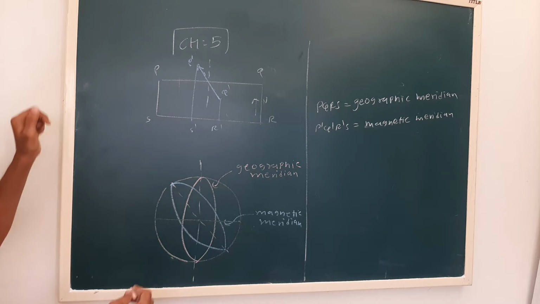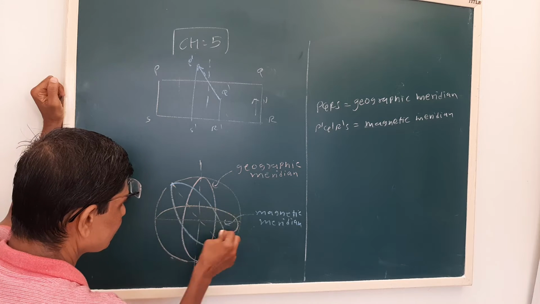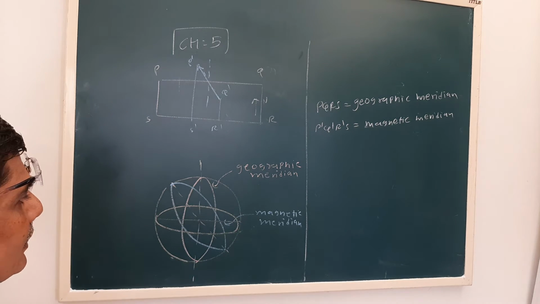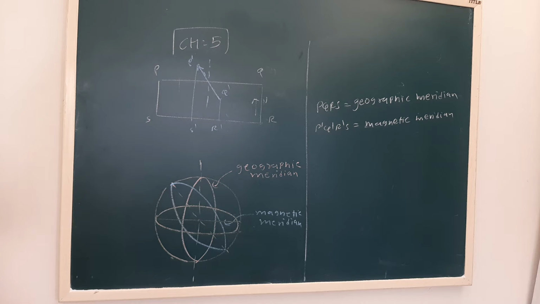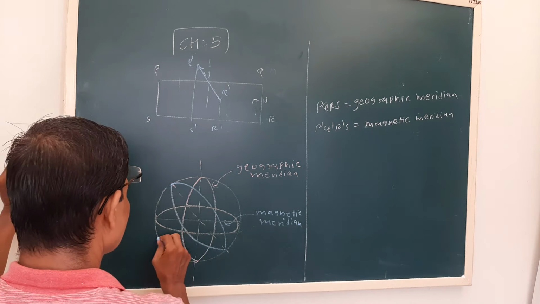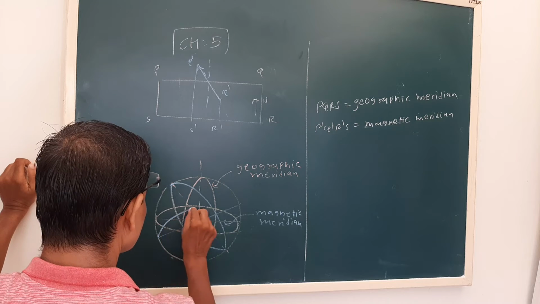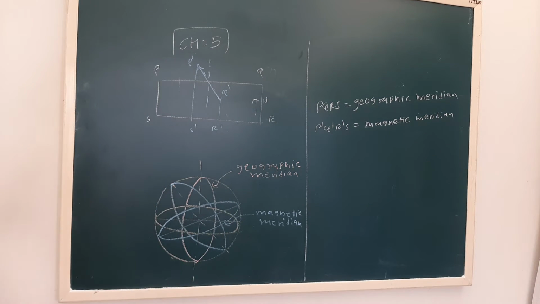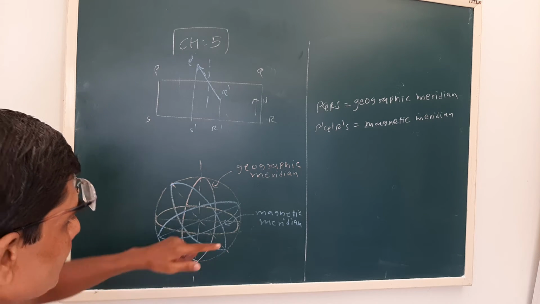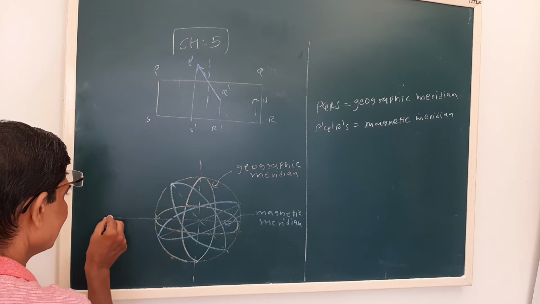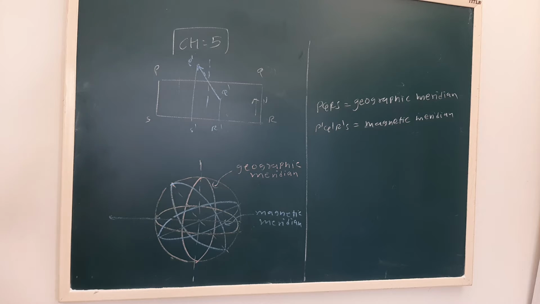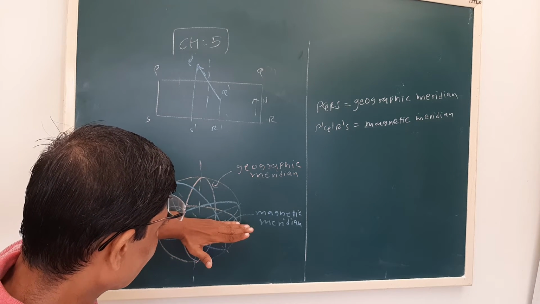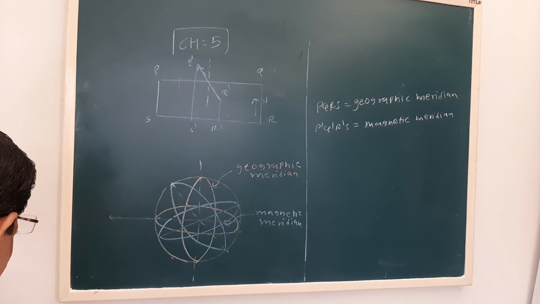A circle passing through this horizontal is called the geographic equator. And a circle passing like this is the magnetic equator. So this line is the geographic equator, and this is the magnetic equator.